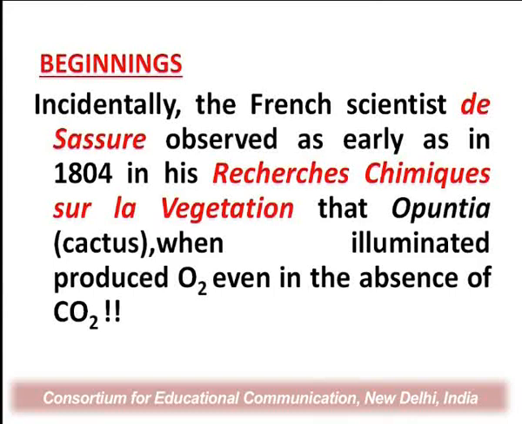Now, this was something out of the book and absolutely against the dictum of photosynthesis, because we have throughout been talking about the equivalence of carbon dioxide and oxygen being the raw material and the product respectively.